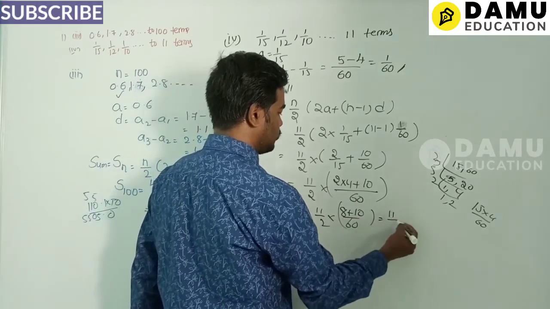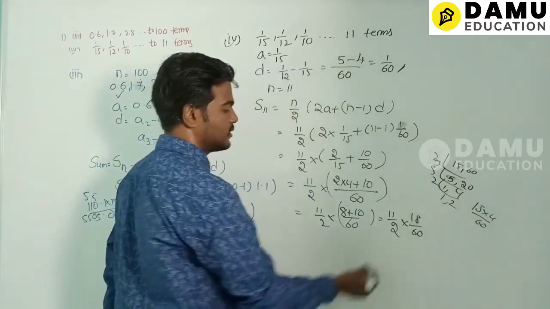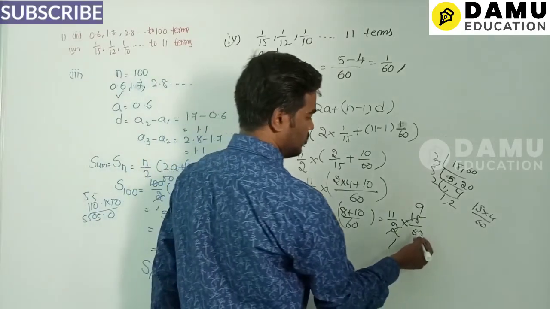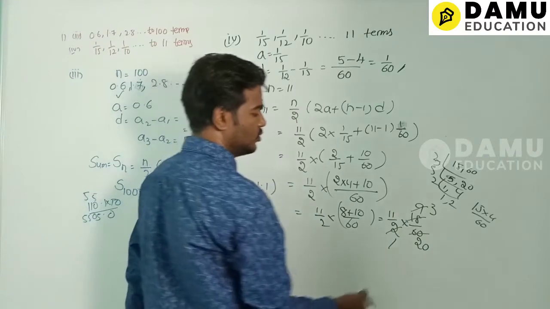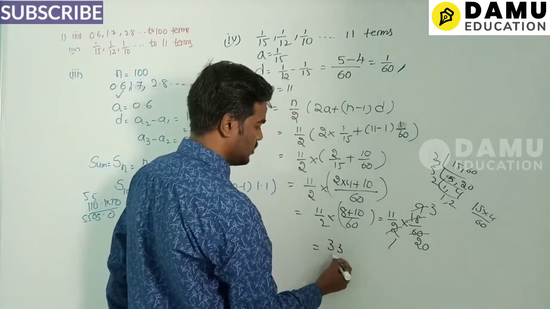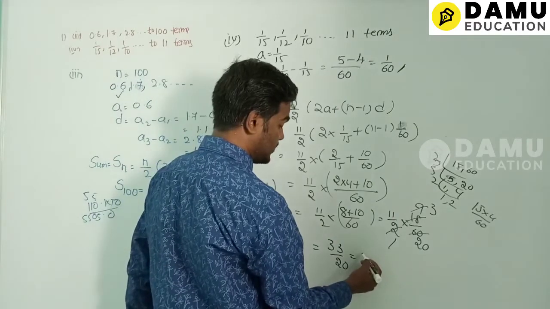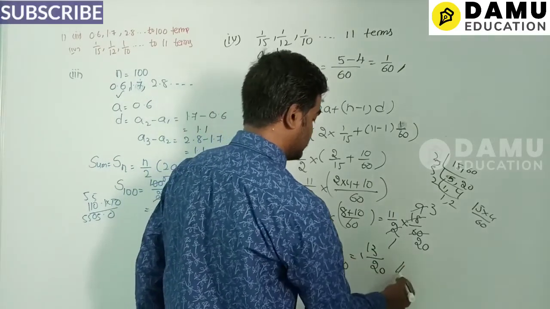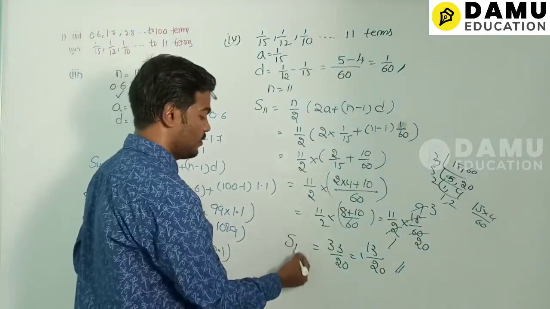So 11 by 2 into 18 by 60. 2 ones are 2, 2 nines are 18, then 3 threes, then 3 twenties are 60. What is the value? 33 by 20. We will get 33 by 20, which is 1 and 13 by 20, so 113 by 20. So this is the sum of 11 terms.